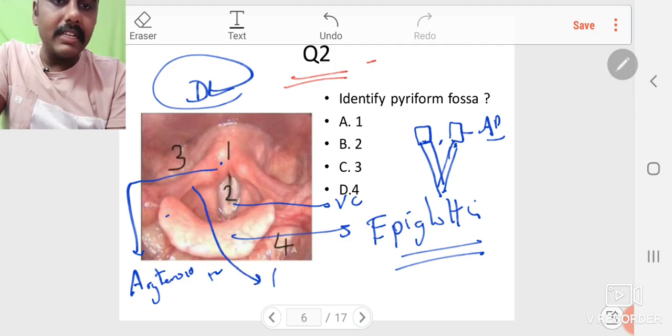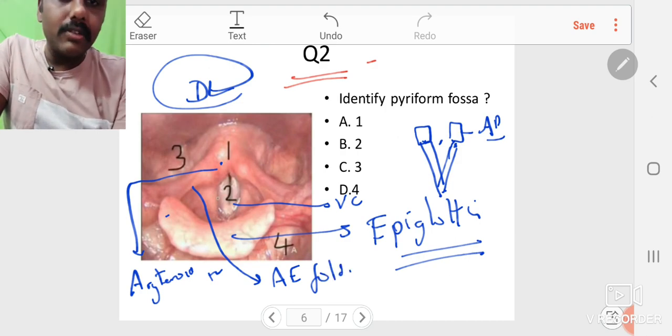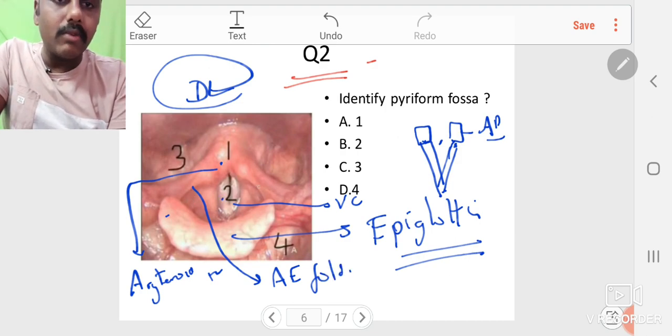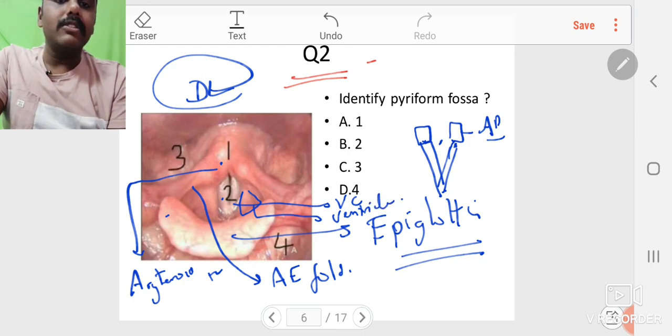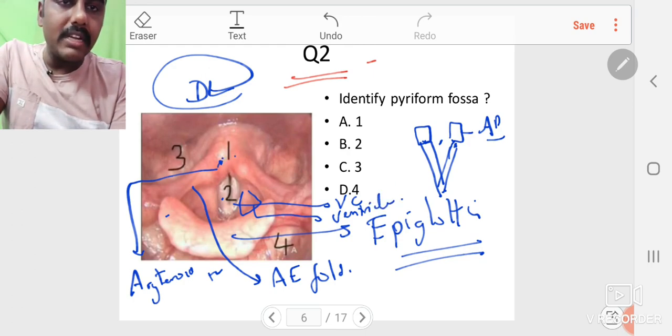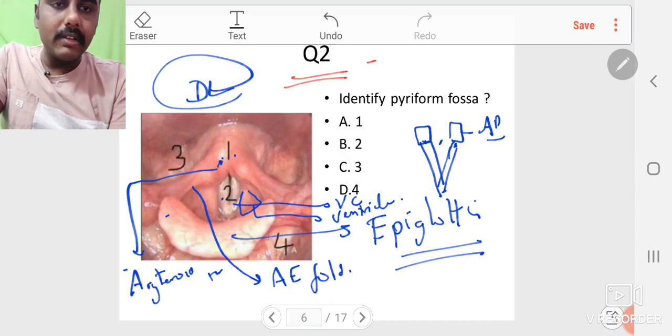This is the aryepiglottic fold. If this is a true vocal cord, what is this area? This is the ventricle. One is arytenoid, two is the vocal cord.